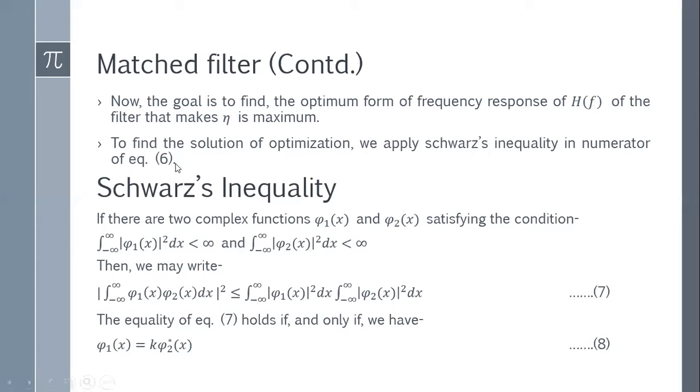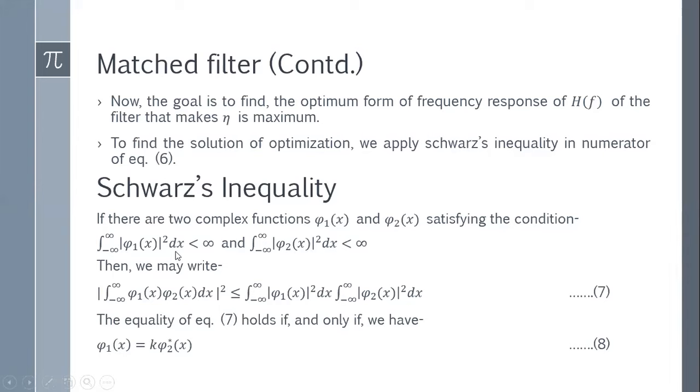Repeating once again. We have two functions, phi1 and phi2, both of them complex functions. The integral of |phi1(x)| whole square dx means the power of the complex function phi1(x), and the integral of |phi2(x)| whole square dx means the power of the complex function phi2(x).